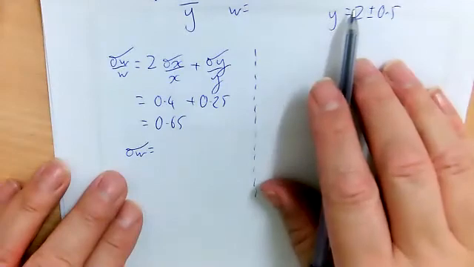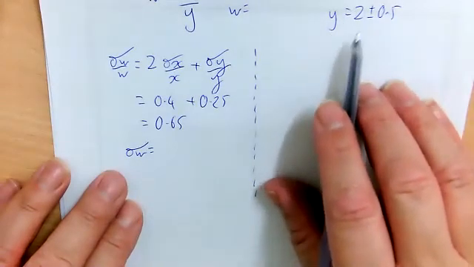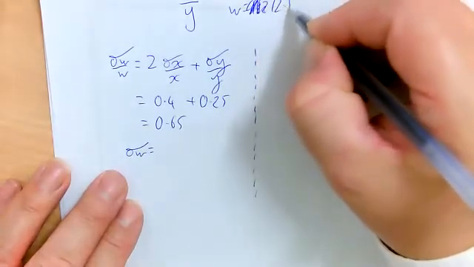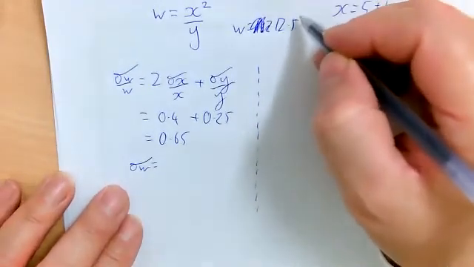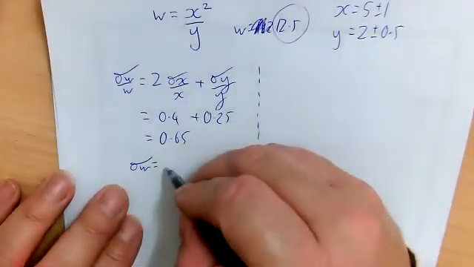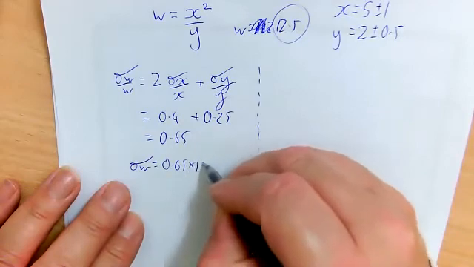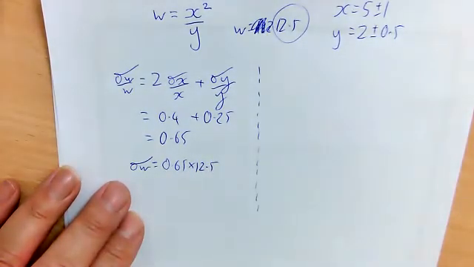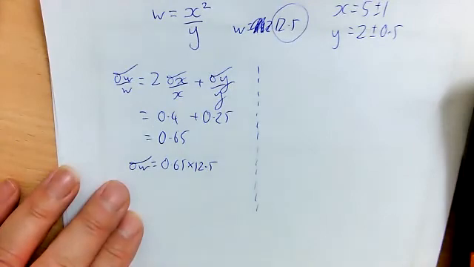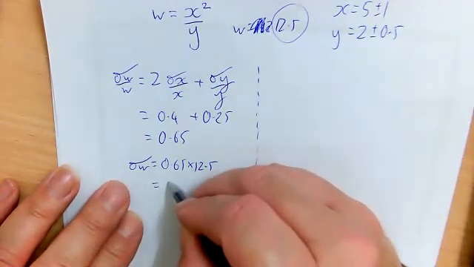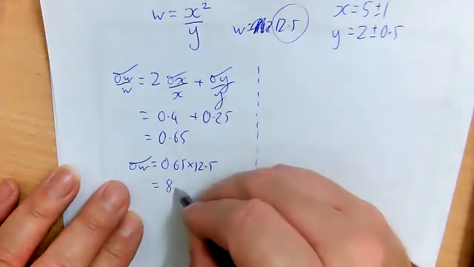X squared is 5 squared, which is 25, divided by 2 is 12.5. So W is equal to 12.5. The uncertainty in W is 0.65 times 12.5, which gives me 8.125. Well, I'd say probably 8.1.